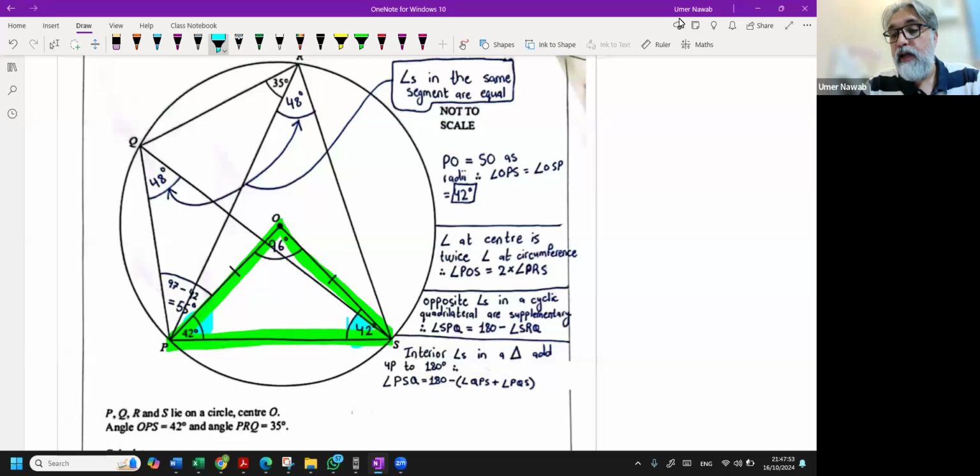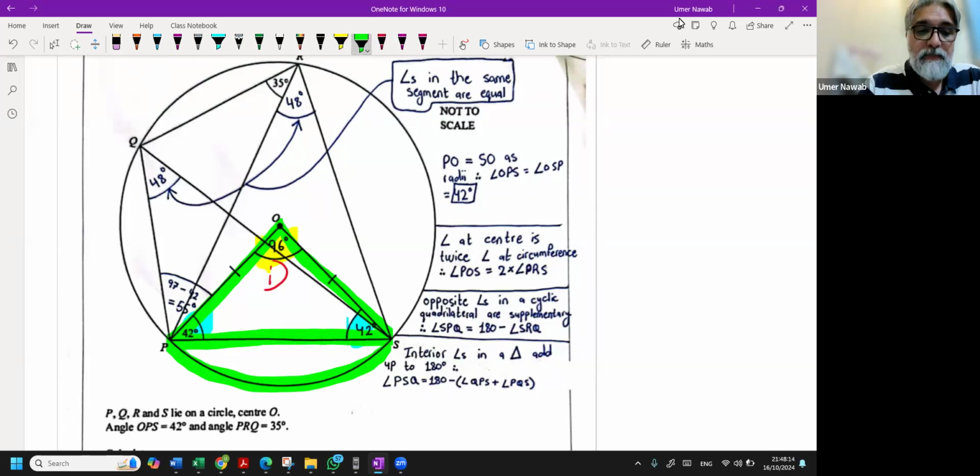With the help of that, I used these two angles to find the third angle, as we know the sum of three angles in a triangle is 180. After that, I used the central angle property: the angle at the center is always double, and the angle at the circumference is always half. So this was 96 and I got 48.